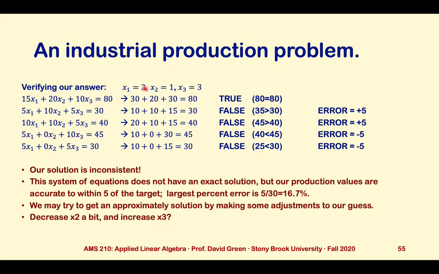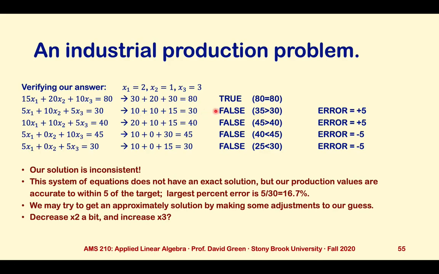When we plug x1 equals 2, x2 equals 1, x3 equals 3 into these 5 equations, we find that while the first equation is, of course, true, the second equation, which gives 5 times 2 plus 10 times 1 plus 5 times 3, or 10 plus 10 plus 15, doesn't equal 30. The left-hand side is 35.